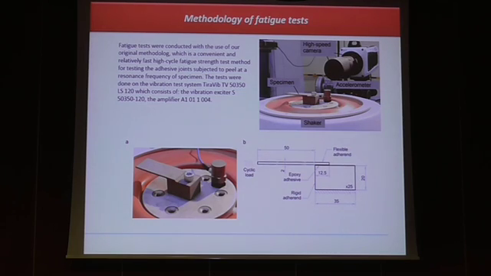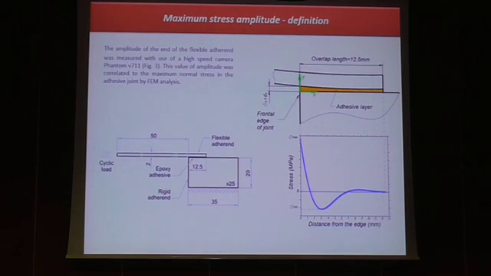As I said, the amplitude of the end of the flexible adherend was measured with use of a high-speed camera, and this value of amplitude was correlated to the maximum normal stress in the adhesive joint obtained by finite element analysis. When I talk about fatigue stresses, I will have in mind this maximum value of stress.